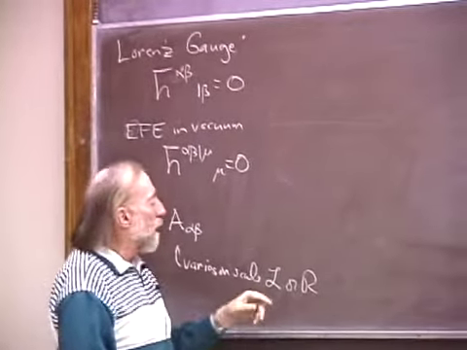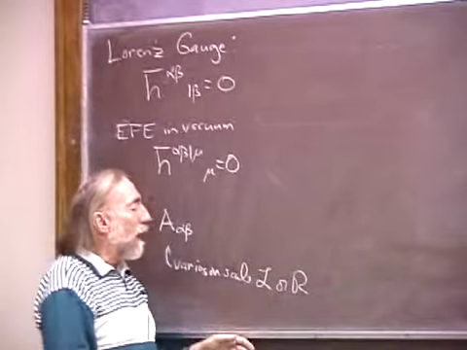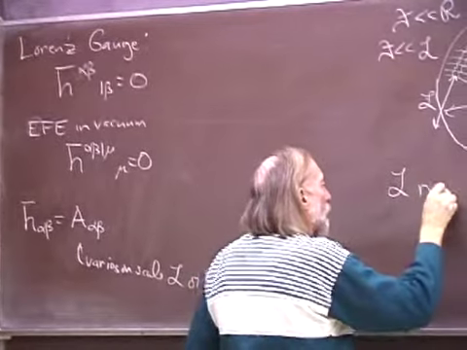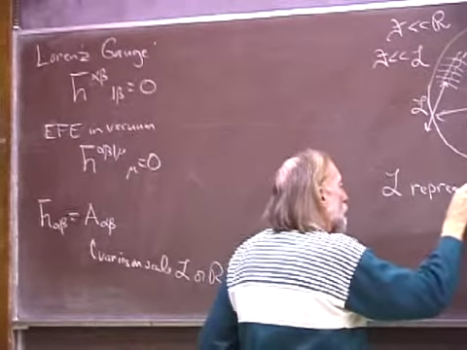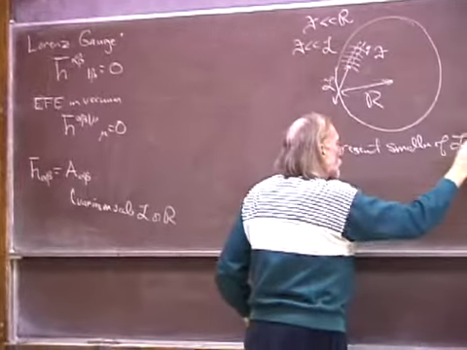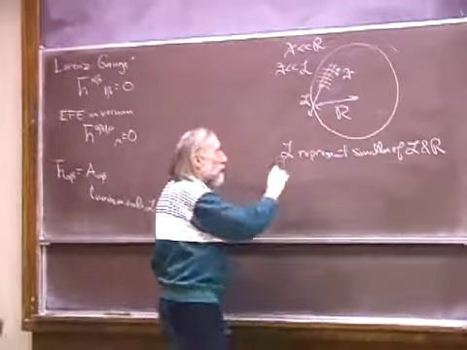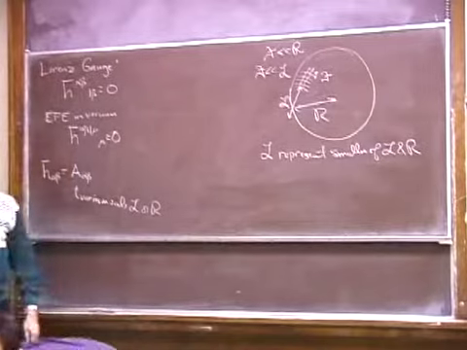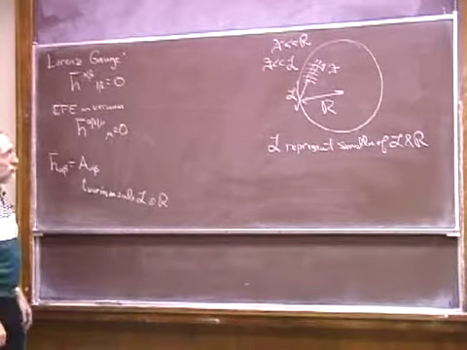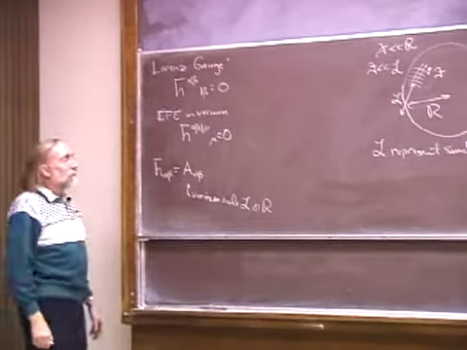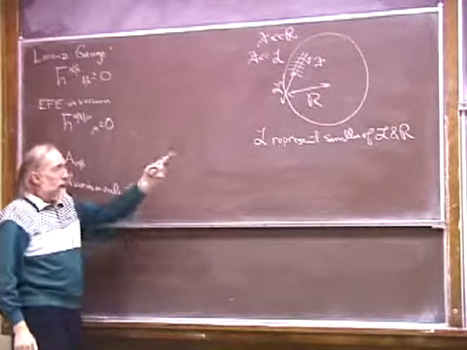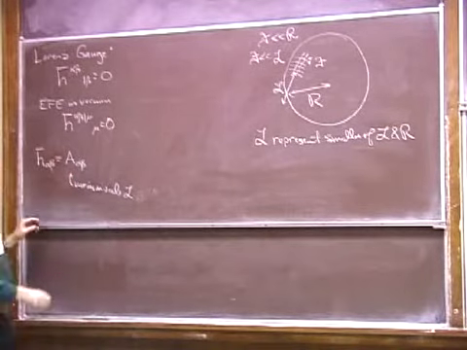I'm just not going to keep writing L or R. I'll let L represent the smaller of L and R. L is usually smaller than R. It would be rare that you would have the radius of curvature of the phase fronts... well, no, not necessarily. I take it back. So it varies on the scale L, which might be L or R, the smaller of those two.